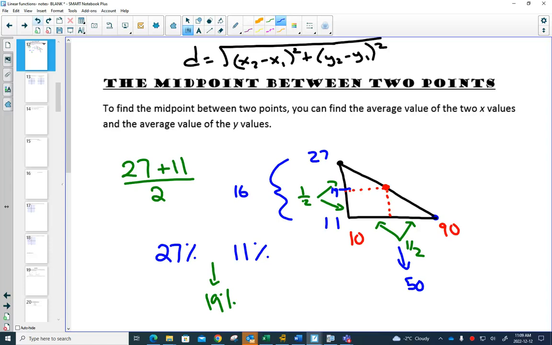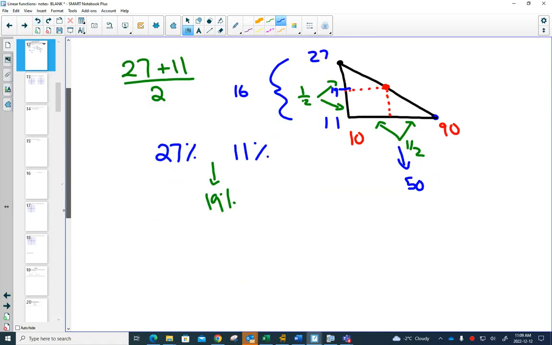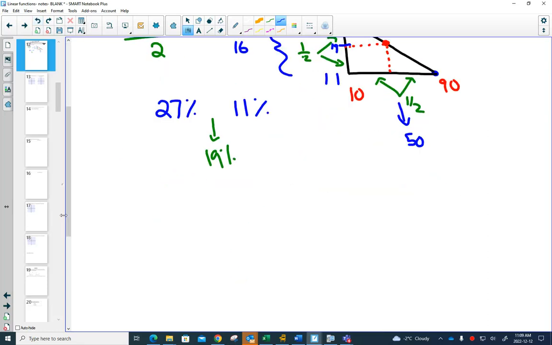So now we have two different ways to figure out the middle. And we're going to decide which one we like as a formula better.